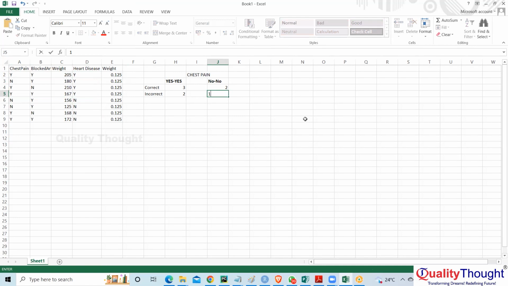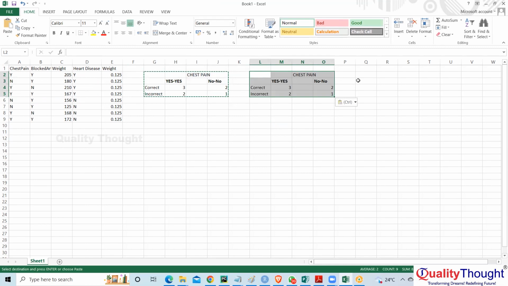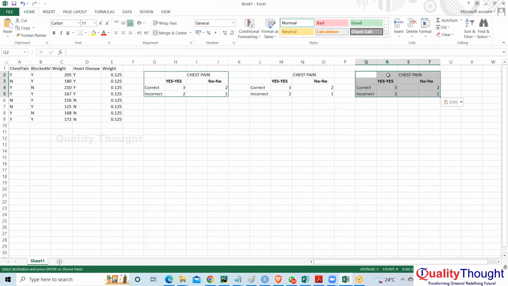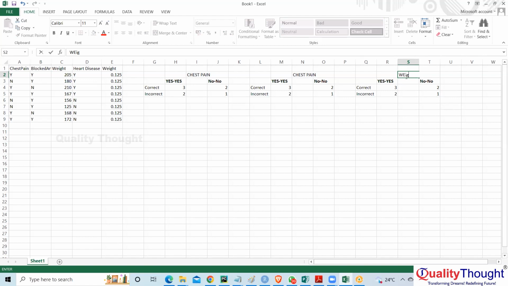Now, similarly, let's make one stump for blocked artery also, and then we'll make one for weight also. In weight, we will say weight greater than some value. So pick some middle value.